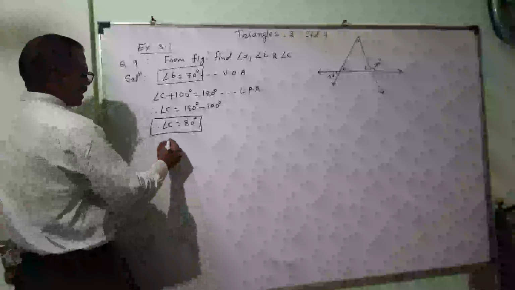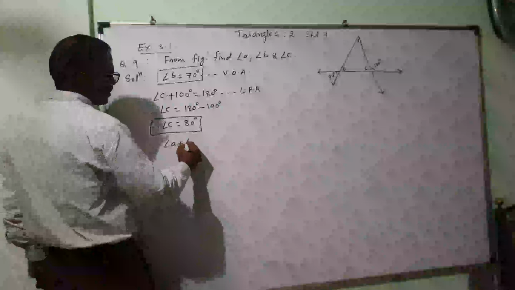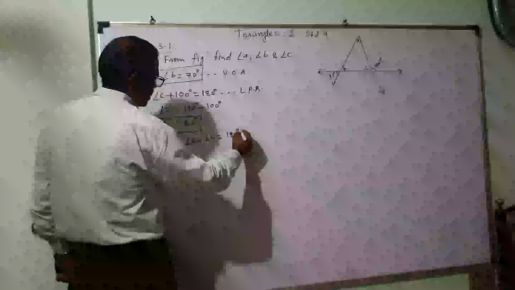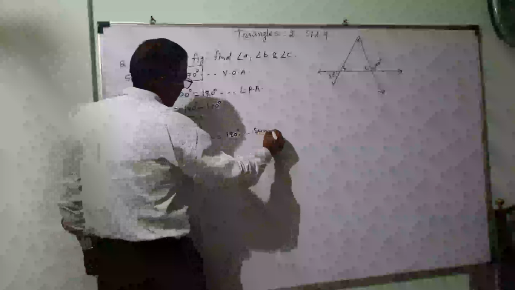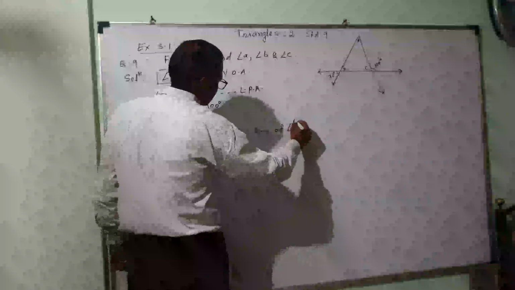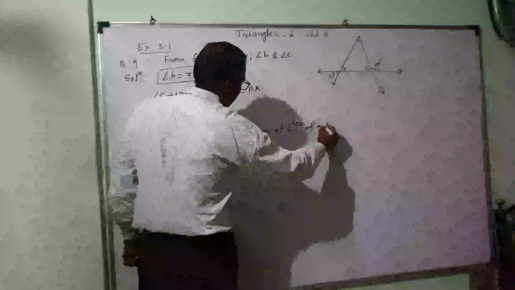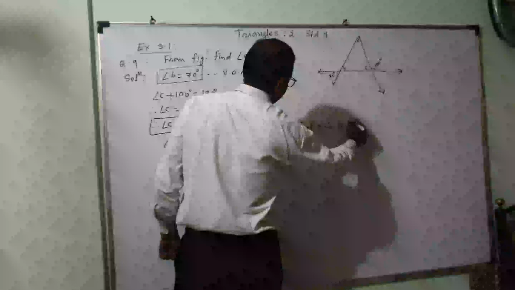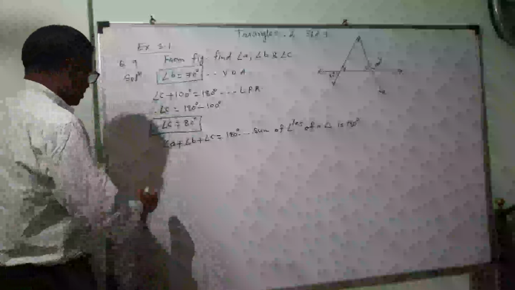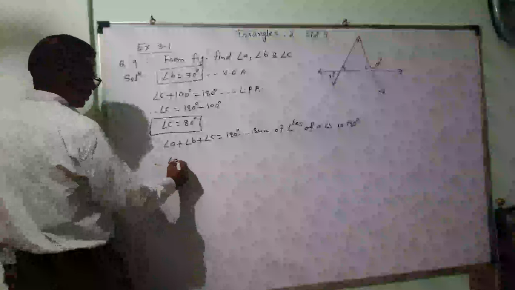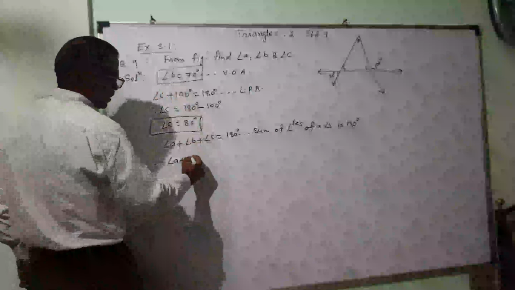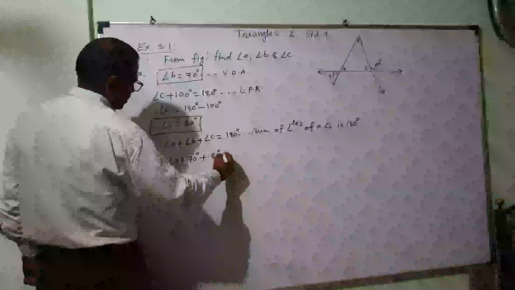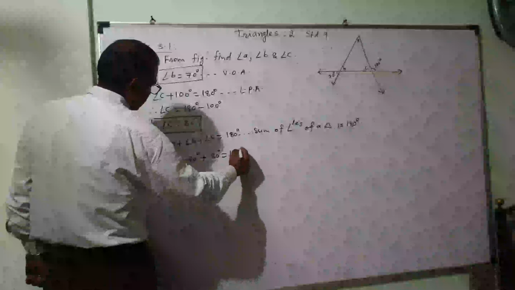Now, angle A plus angle B plus angle C is equal to 180 degree. Reason, sum of angles of a triangle is 180 degree. The reasons you have to write. Therefore, angle A plus angle B is 70 degree plus angle C is 80 degree is equal to 180 degree.